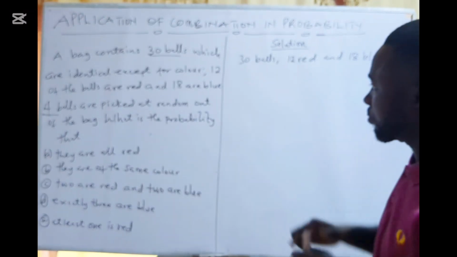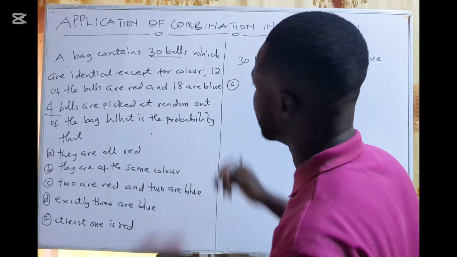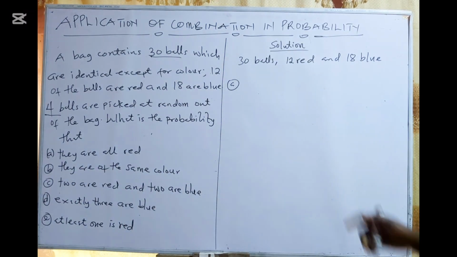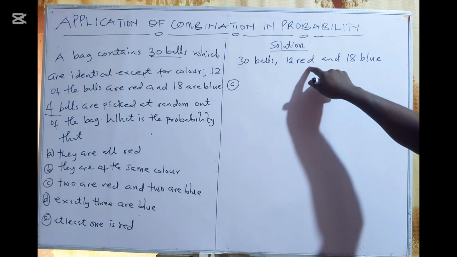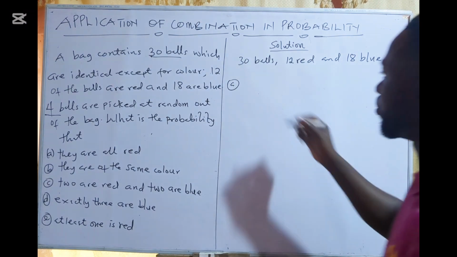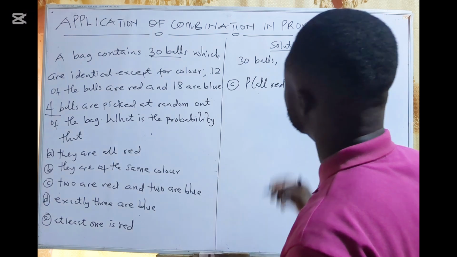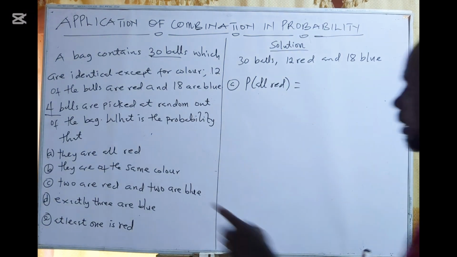Okay, so let's start from A. What is the probability that they are all red? How many red balls do I have? I have 12. So probability of all red. Take note that I'm selecting 4.